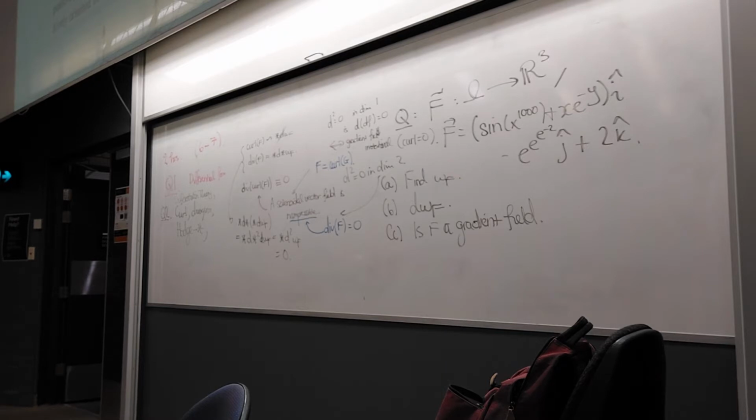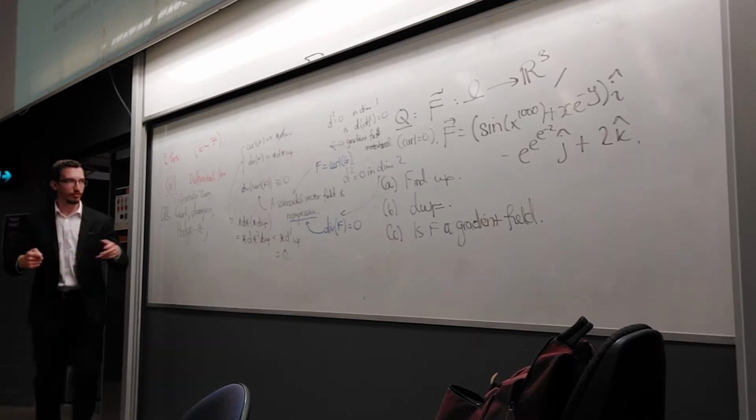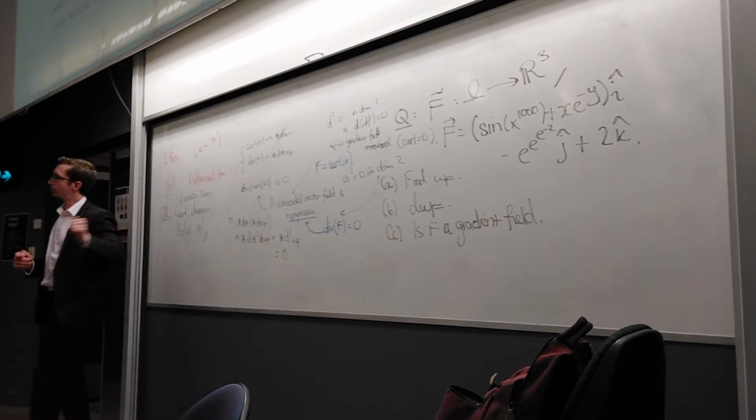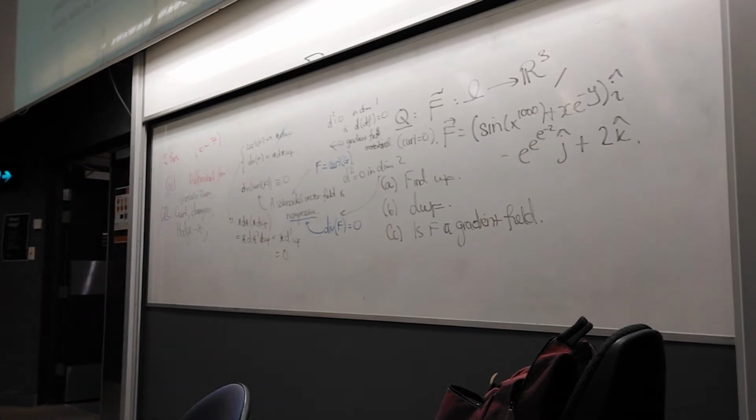What are methods of testing whether a vector field is a gradient field? I can think of two off the top of my head. There's Clairaut's theorem, that's commutativity of partial derivatives. That gives you these theorems. You can just do it directly and things of that type.